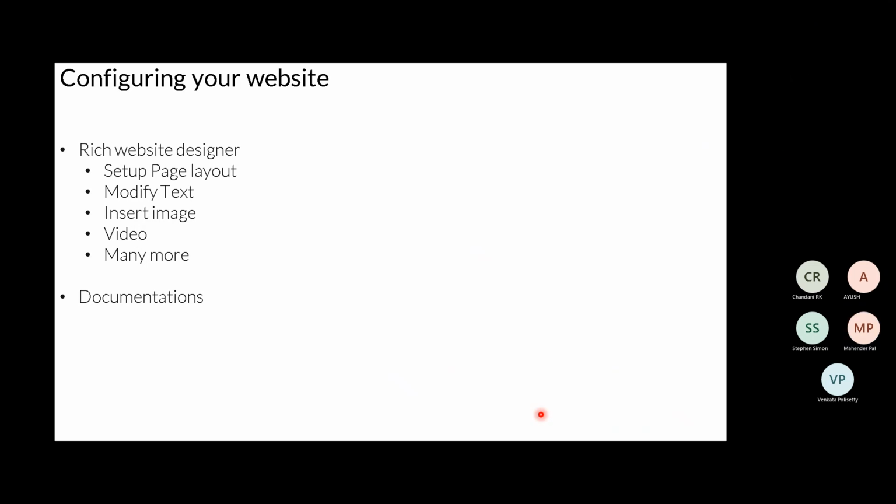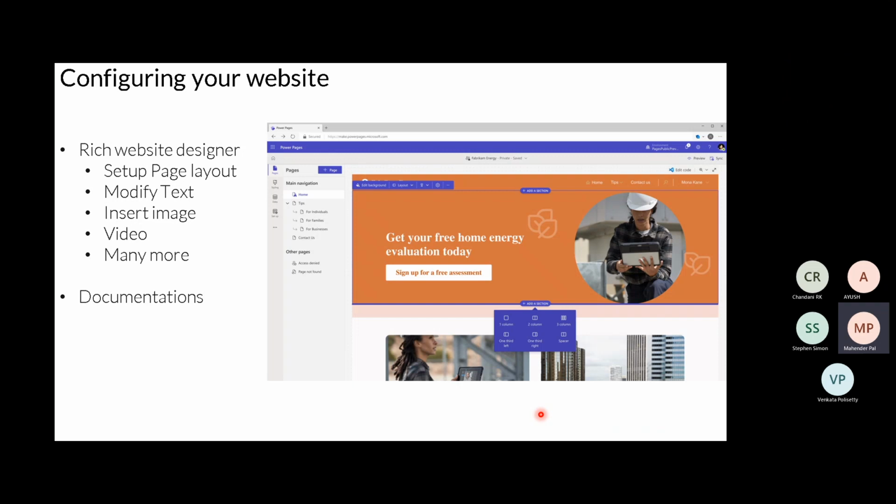So this is a builder tool, and it provides you a very rich designer which allows you to build different layouts. You can see that this is an example of a designer here. As soon as you select your template, you will be rendered on this page, and you can see that we have different options available.